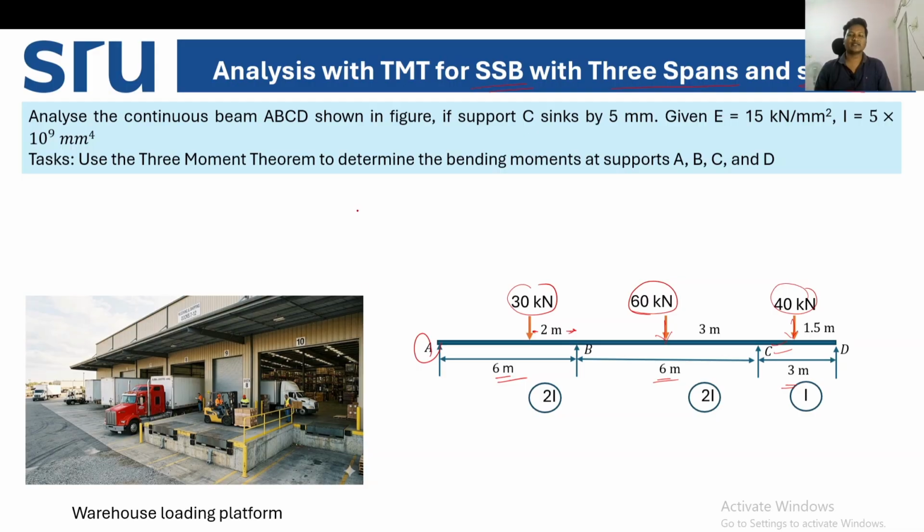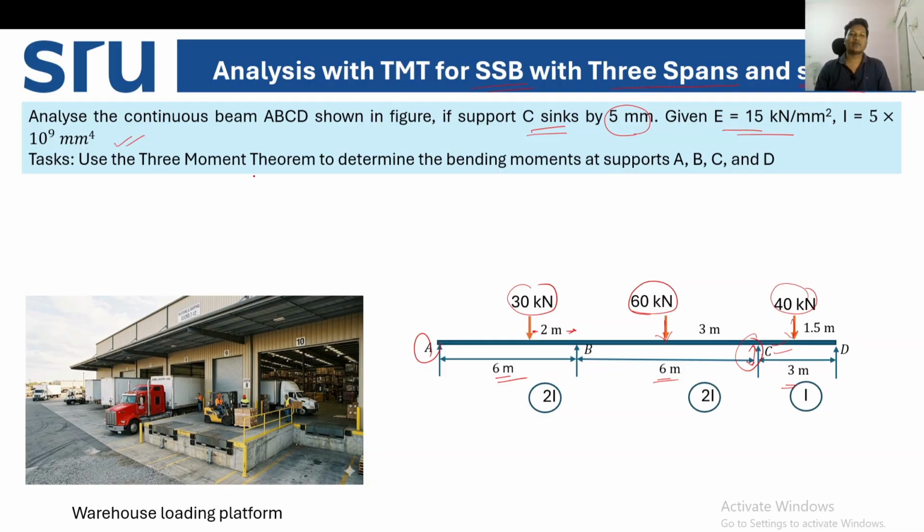What else is given in the question? The support C sinks by 5 mm. That means support C is settled down 5 mm below B or D. The value of E is given as 15 kilonewton per mm square and I is given as 5 into 10 to the 9 mm.